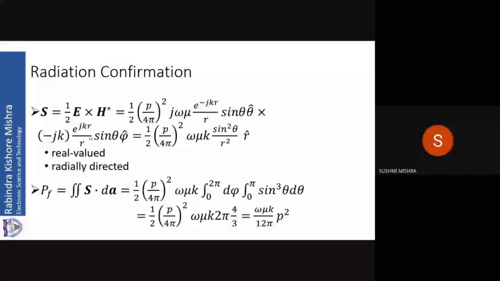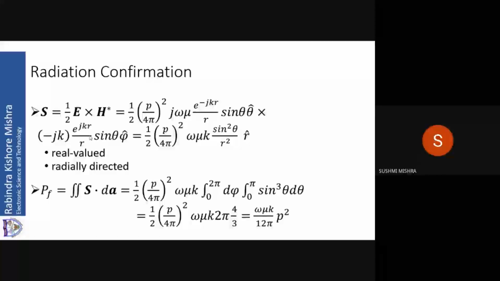There can be a confusion. I want to clarify that confusion at this point. The power is distributed over the surface. So the power or the energy is on the surface, and the surface is expanding as we increase the radius.